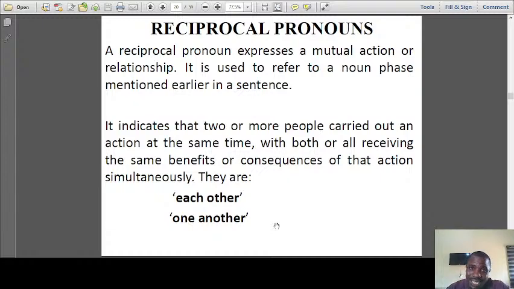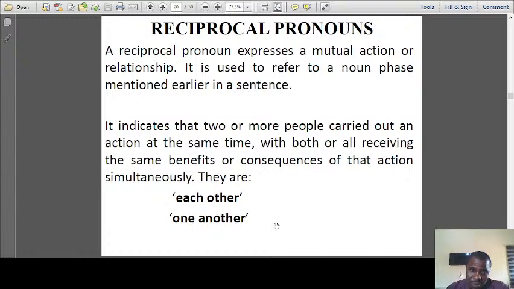So in this case, we use "each other" if we are talking about two persons, or "one another" for more than two. There is a very big difference between reciprocal pronouns and reflexive pronouns. Reflexive pronouns talk about himself, herself, where the object case pronoun is the same as the subject. But in reciprocal, we are talking about a stage of exchange.